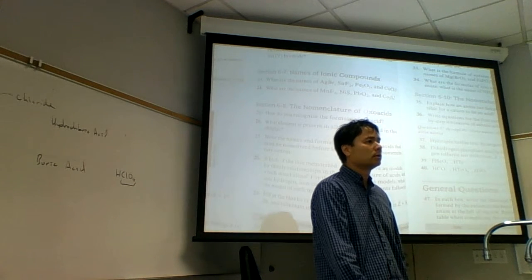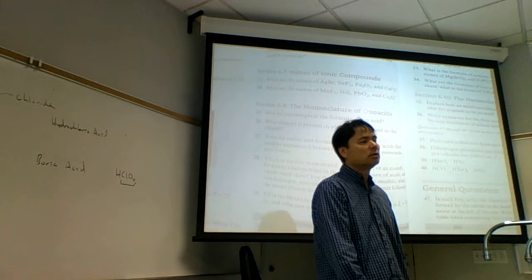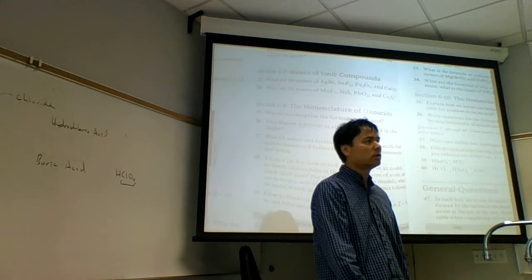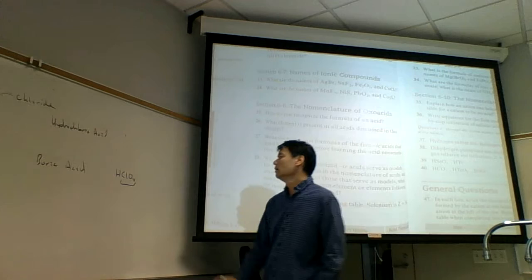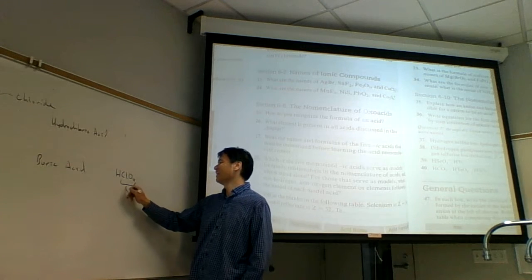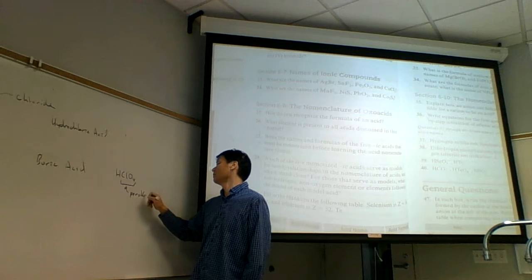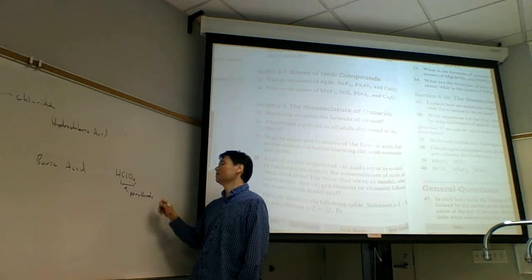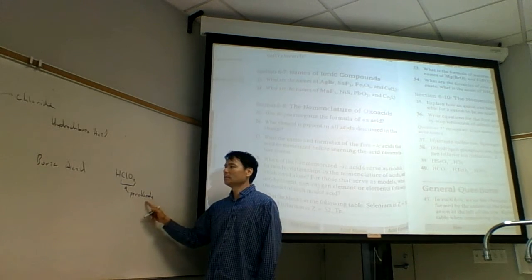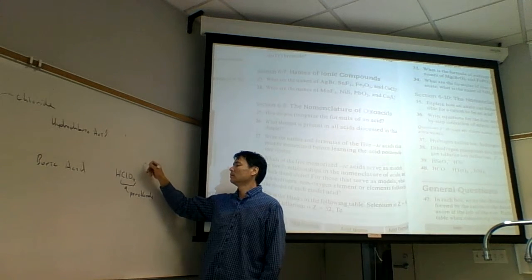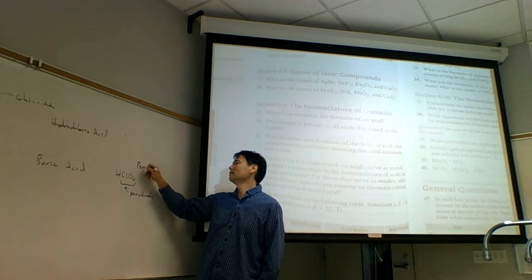Chlorate has 3 oxygens. This has 4, therefore it's called perchlorate. And so the anion is perchlorate. If the anion is perchlorate, then the acid will be perchloric acid.